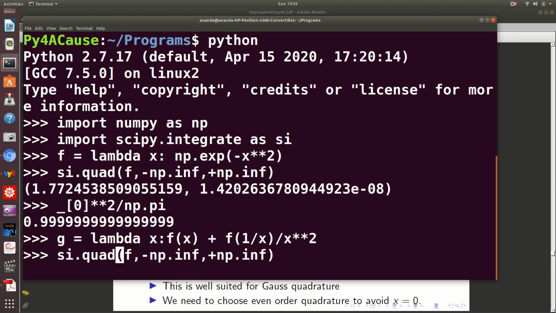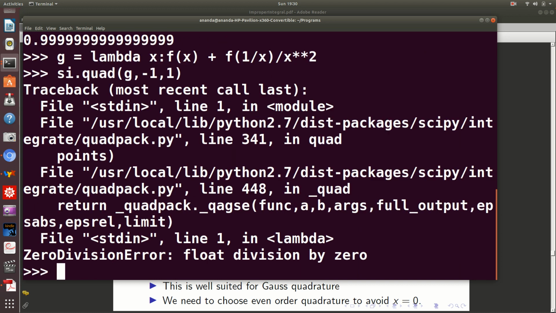Well, of course, remember, for si.quad here I cannot use the same minus infinity to plus infinity limit. What I need to do is minus 1 to plus 1, and I should expect a perfectly nice result. Horror of horrors, it doesn't work. It gives you a zero division error. But this is exactly what we warned you against.